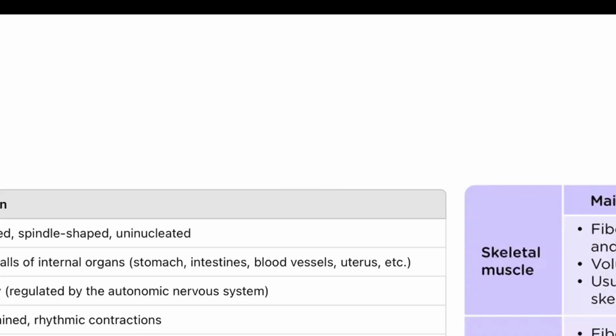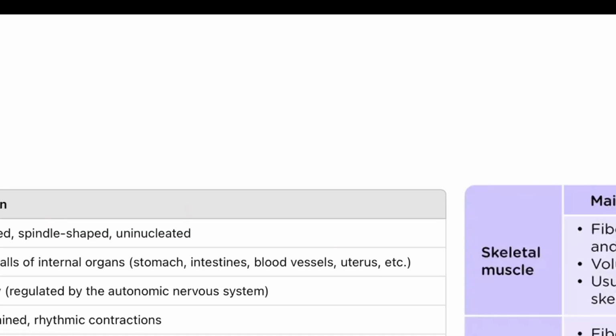So, what are the features of these kinds of visceral muscles or smooth muscles? They are non-striated, spindle-shaped, and uninucleated. So, they have a single nucleus like this. They are non-striated, there are no markings, and they are spindle-shaped or needle-shaped. Where are they located? Found in the walls of all internal organs like stomach, intestines, blood vessels, uterus, etc. And what do they control?